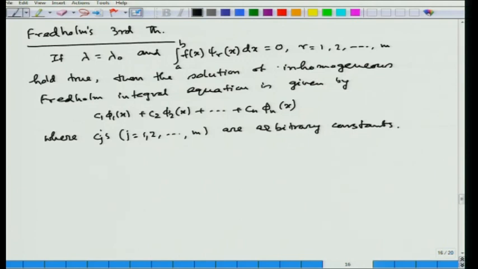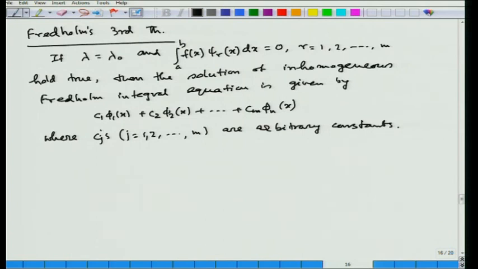And if f(x) satisfies this orthogonality condition, that is integral from a to b of f(x) psi r(x) dx equal to 0 for r running from 1 to m, then we have an infinite number of solutions for the inhomogeneous Fredholm integral equation, because C 1, C 2 up to C m are all arbitrary constants, and a linear combination of these eigenfunctions, that is C 1 phi 1(x) + C 2 phi 2(x) + ... + C m phi m(x), will be the solution.